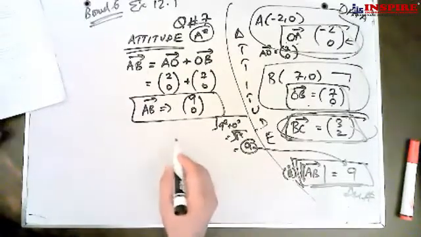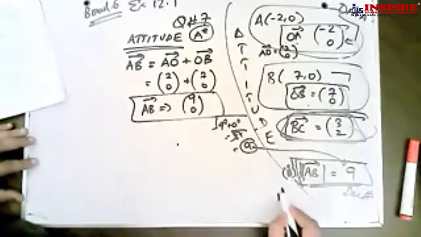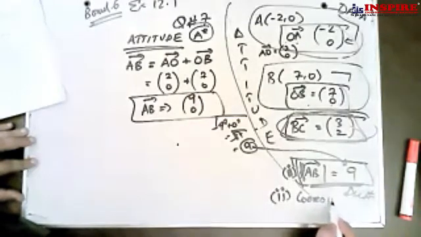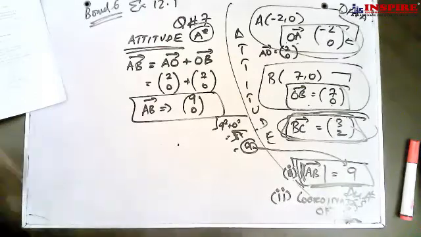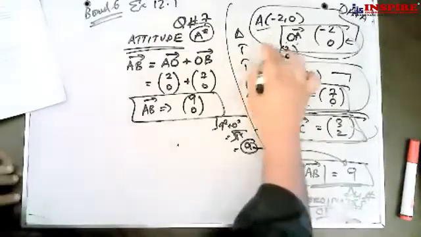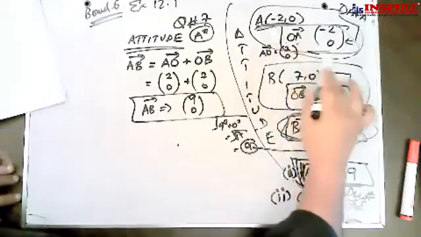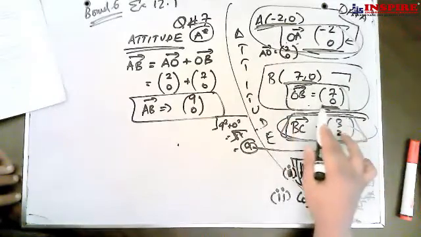He's asking me in part 2 to find the coordinates of C. Find the coordinates of? Talk to me. If I have the coordinates of A, I have OA. If I have the coordinates of B, I have OB.